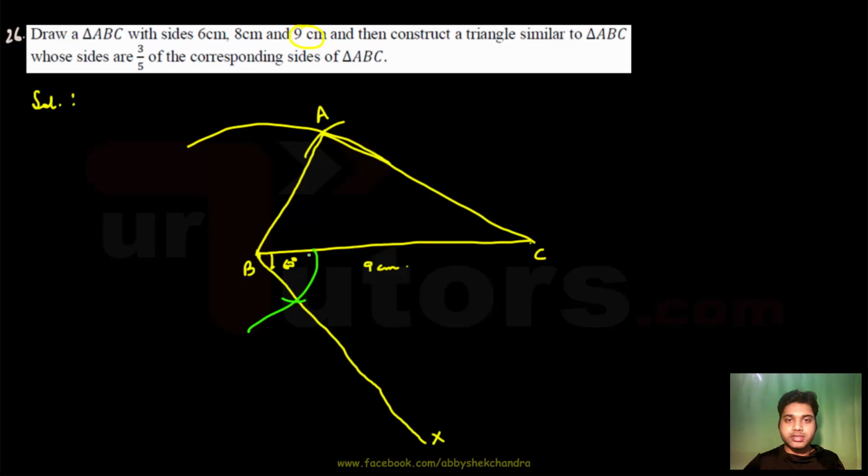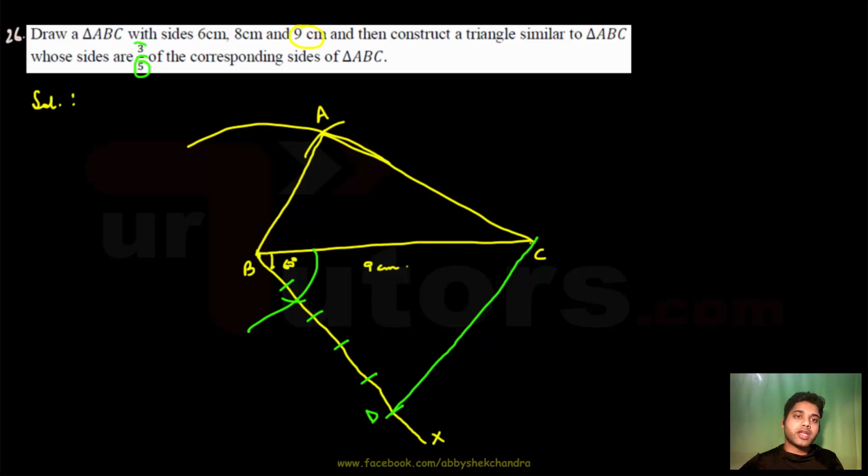That'll be 60 degrees. That's the easiest to make, right? Now, because the denominator of this fraction is 5, you're going to make 5 equal divisions on this line BX. Let's say 1, 2, 3, 4, 5. The fifth division you call it D. Now join D to C.